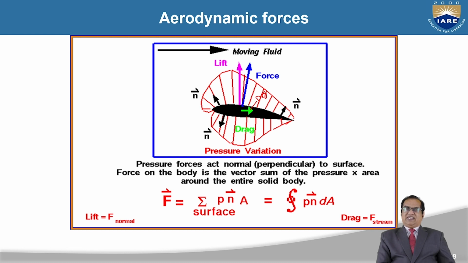We can write that pressure forces act normal, or perpendicular, to the surface. The force on the body is the vector sum of pressure times area around the entire solid body. So F is equal to the integral of Pn dA. Lift is equal to F normal, and drag is equal to F in the free stream direction.